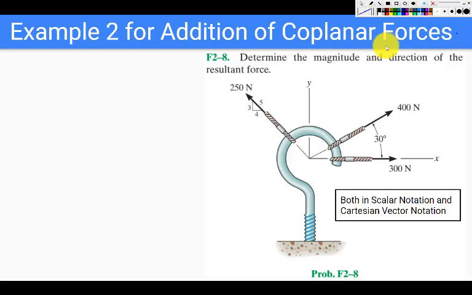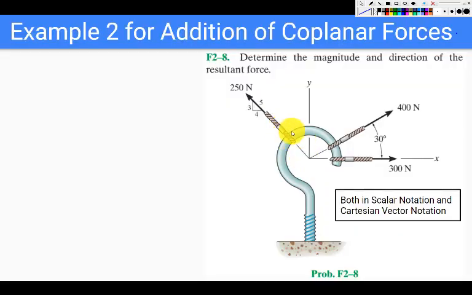Let's move to the next one. This problem says to determine the magnitude and direction of the resultant force. We have a hook here with three forces acting on it: a 250 Newton force acting in this direction, a 400 Newton force in this direction, and a 300 Newton force in this direction.